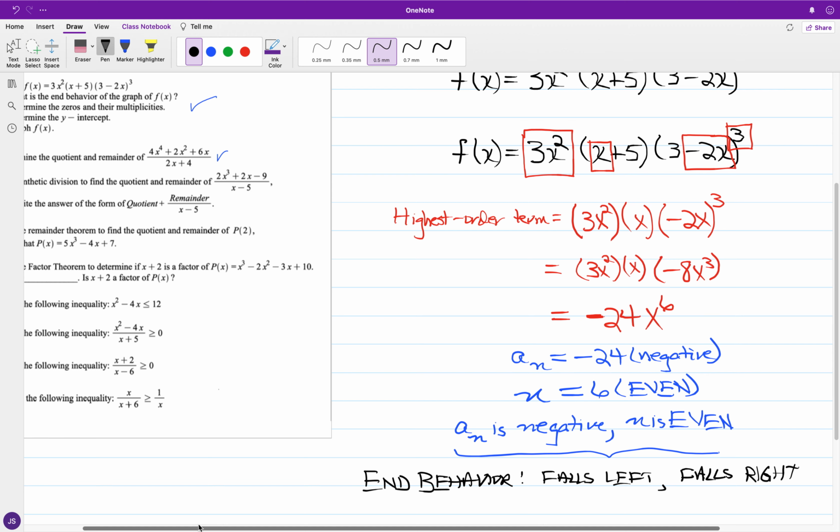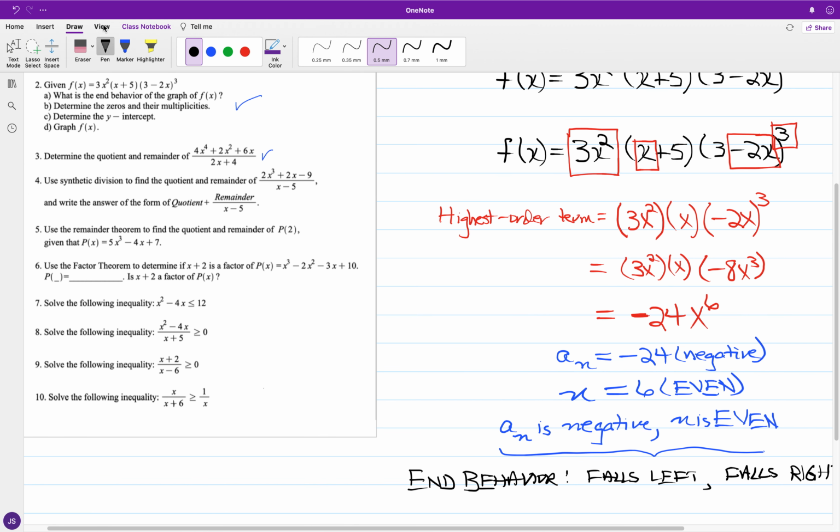Now for the zeros and their multiplicities.